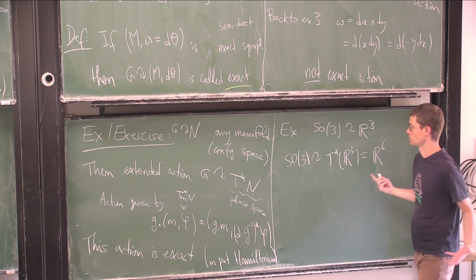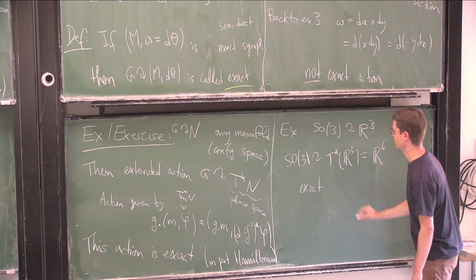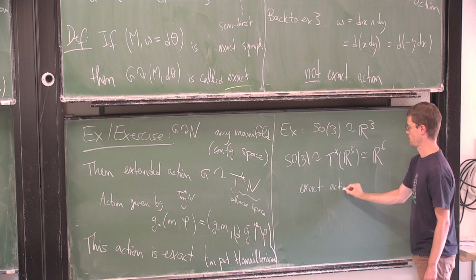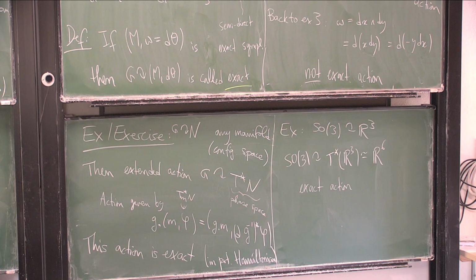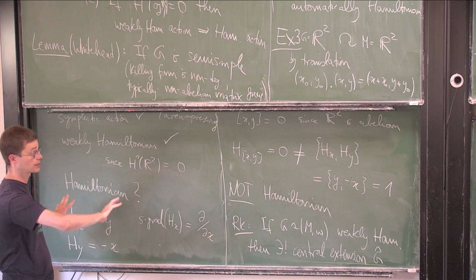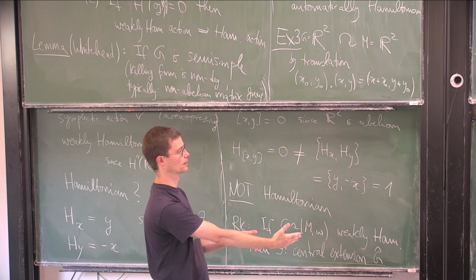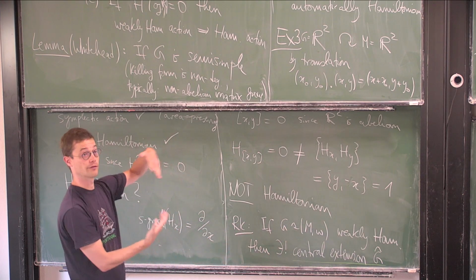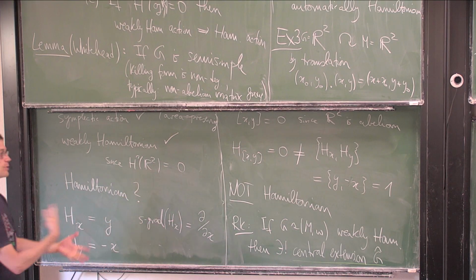So this action is automatically exact. Okay, so what we see in the second part is, once you have a Hamiltonian action, in particular an exact action, you have this collection of conserved quantities, which we call the moment map. And we'll see what we can do with the moment map.